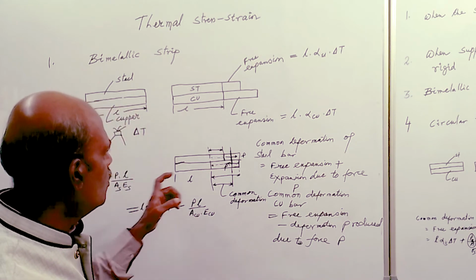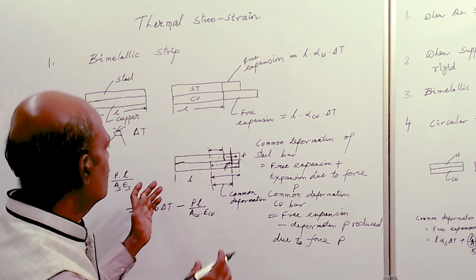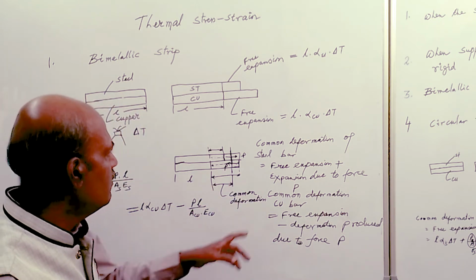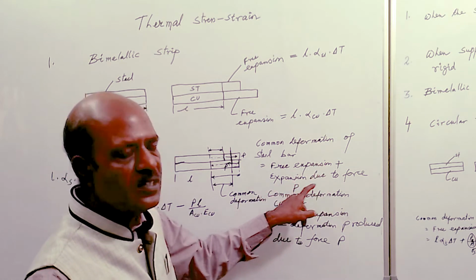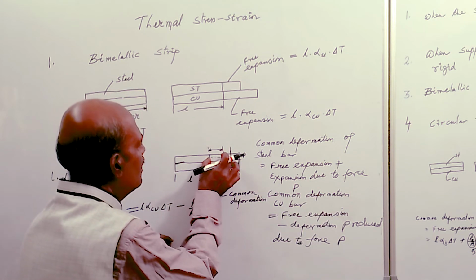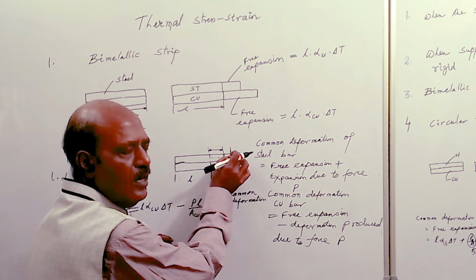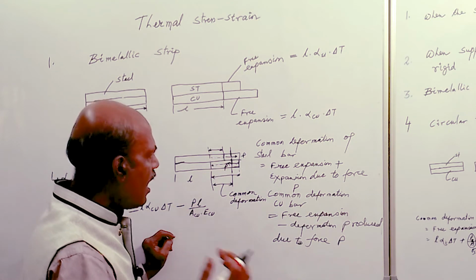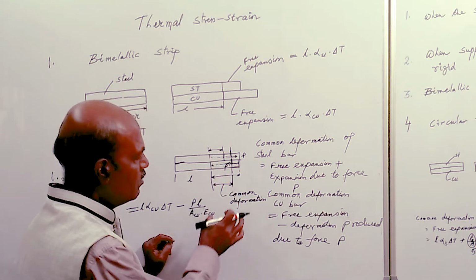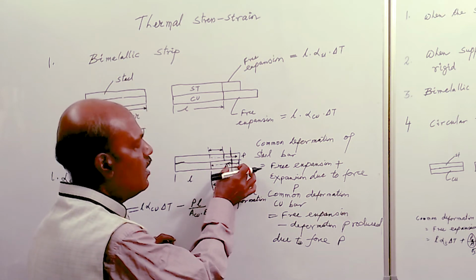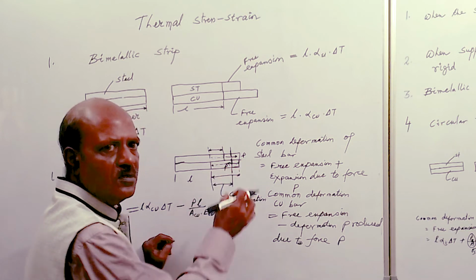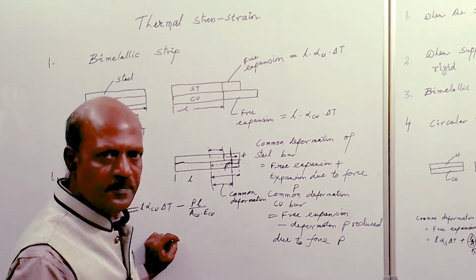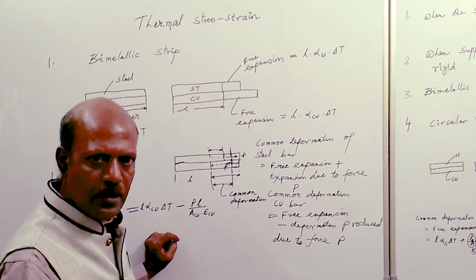Okay, so this one is the common deformation. The common deformation of the steel bar is given by free expansion plus expansion due to force, because you can easily see this is the free expansion and this is the expansion because of load P produced inside the bar, and that will be equal to the free expansion of the copper bar minus the compression produced by load P in the bar.